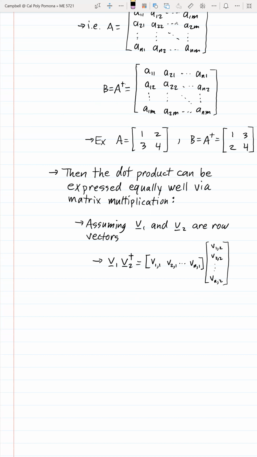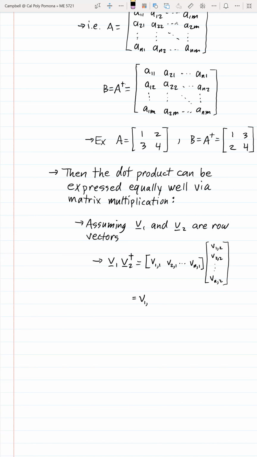And we can make a note here in a moment, but I want to finish this up. And then we have matrix multiplication, where we just multiply the elements in the row of V1 with the elements in the column of V2 transpose, and we add all those products together. Because remember, that was the definition of matrix multiplication.